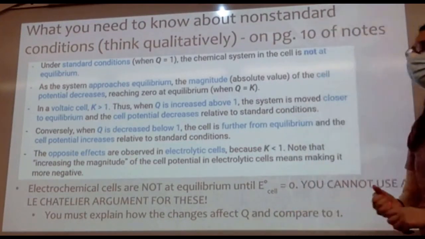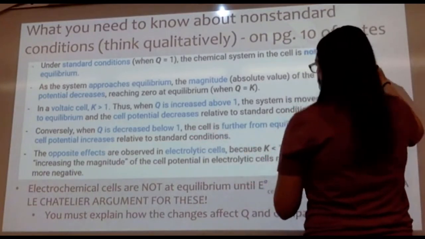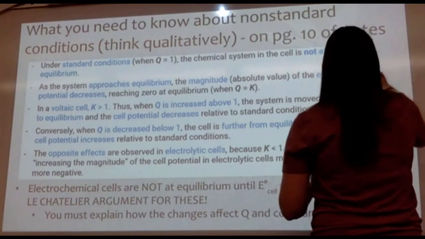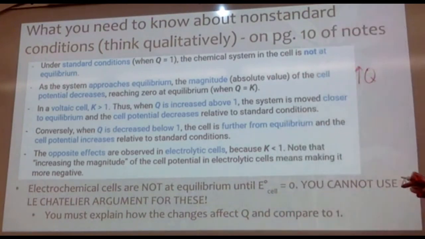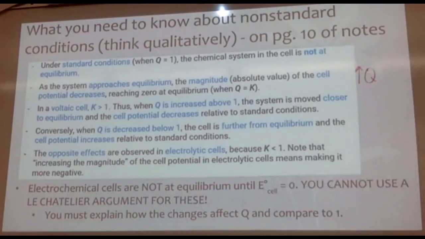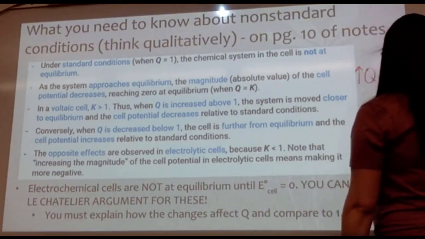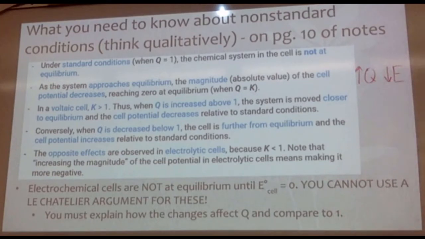If there are two things that you write down somewhere on page 10, here's what I would say. When you increase Q, so you're making some change, changing the concentration of products or of reactants, if you increase Q, you decrease E. So when you increase Q by making changes to the cell, you are decreasing cell potential.